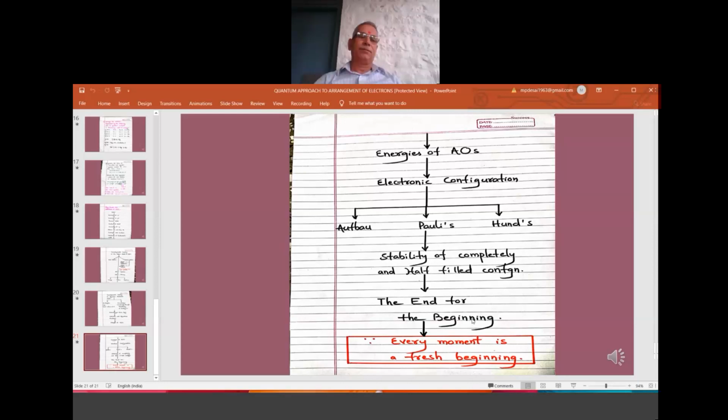Sir, while writing that diagram, instead of writing 1s2, 2s2 grouped, you can write separately, like 1s2, 2s2.